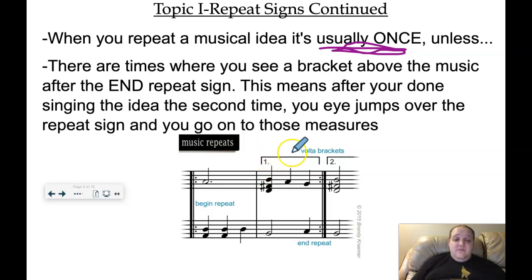Once you've sung through this, if you see the bracket above the idea, it means your eye jumps over this whole, I wrote this wrong. It means you jump over this whole measure here and you go to the second ending. So that kind of changes the game completely.